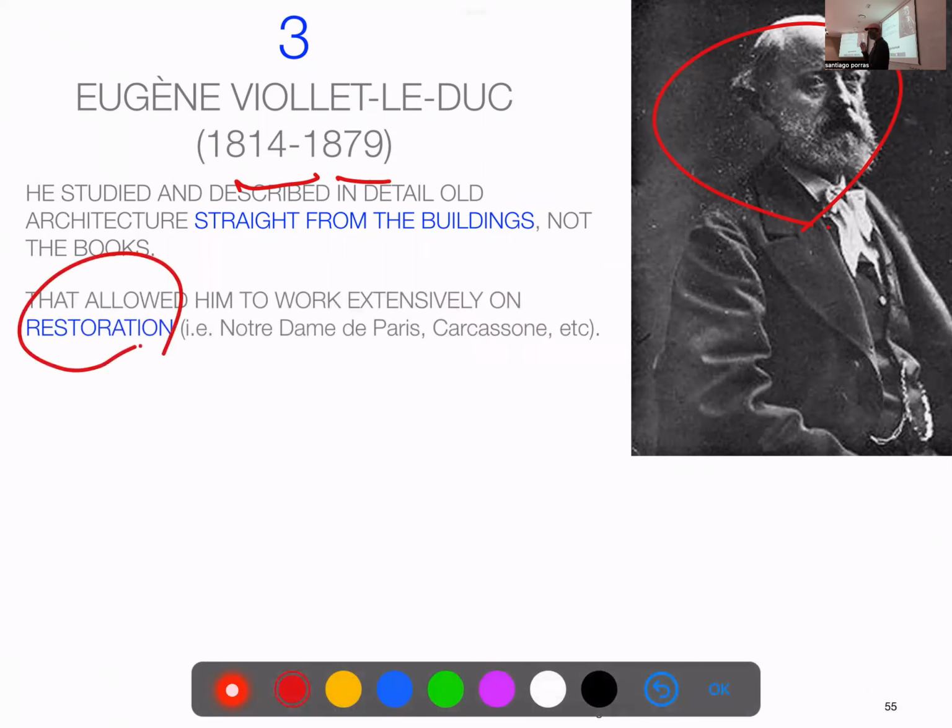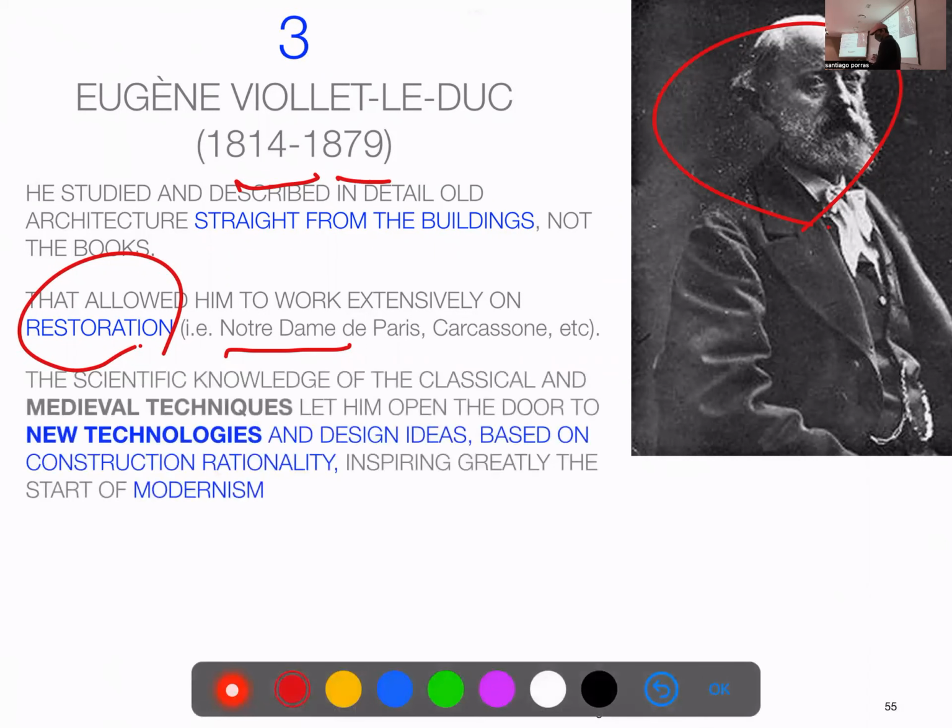He worked in many restorations. At Notre Dame, he was able to stabilize the church, which gave him a lot of information on how it was done. And then he tried to combine those medieval techniques with new technology like steel and concrete.